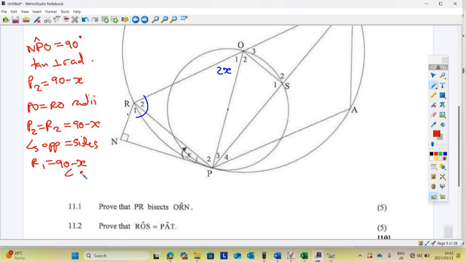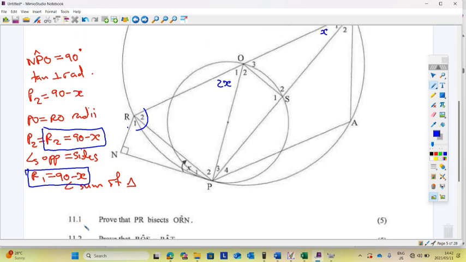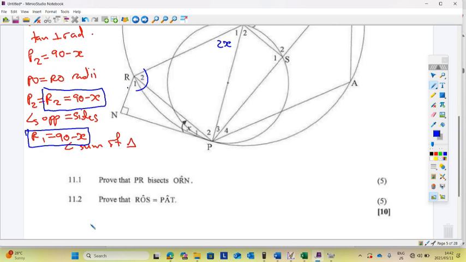And reason for that, angle sum of triangle. And the conclusion there, R2 is equal to R1. If R1 and R2 are equal, then it confirms that RP bisects that angle. That is the first question with 5 marks.